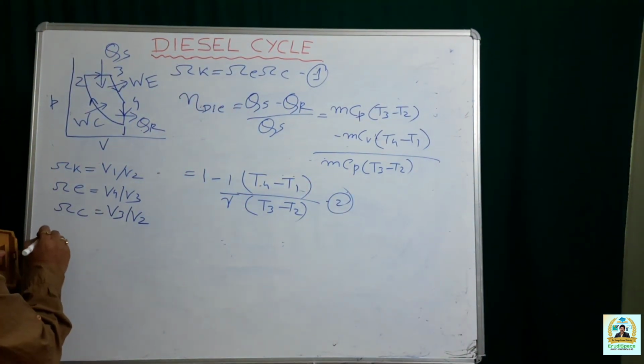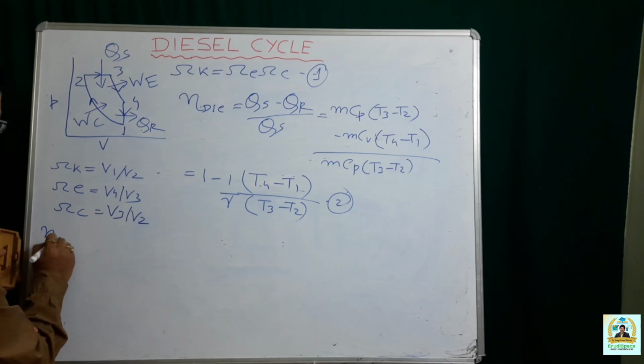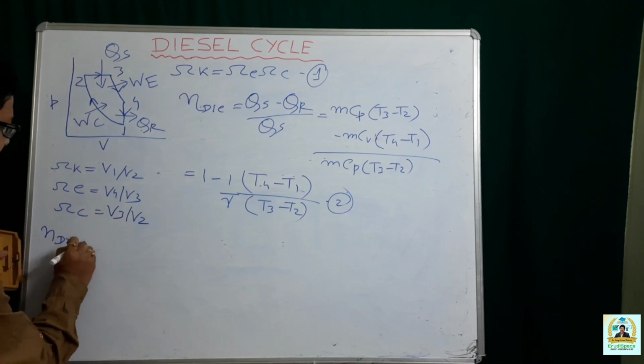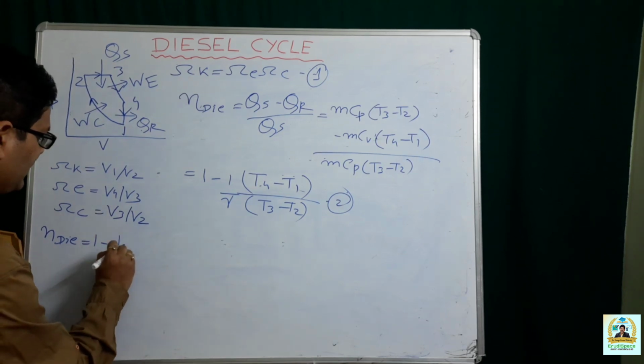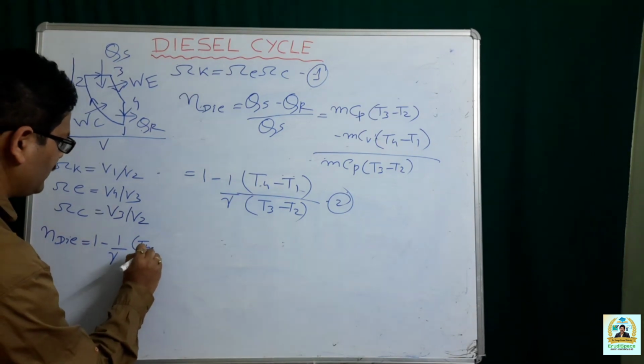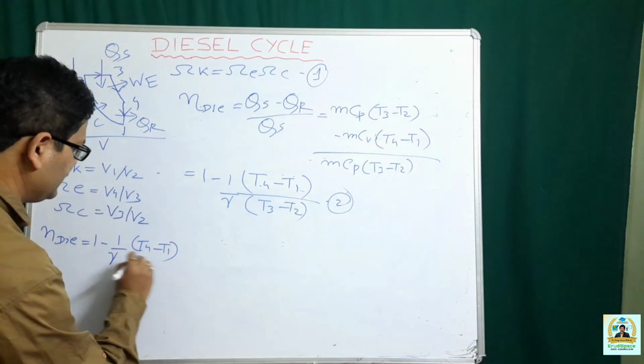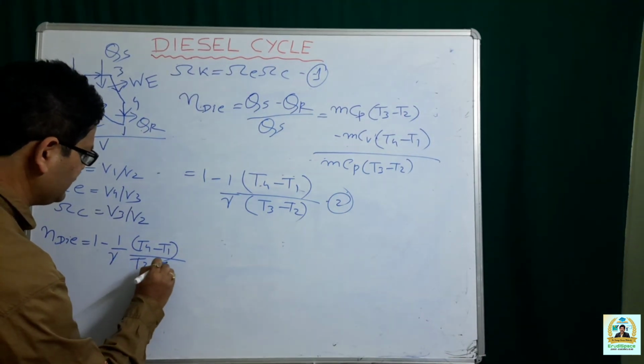So efficiency of diesel cycle is 1 minus 1 upon gamma into T4 minus T1 divided by T3 minus T2.